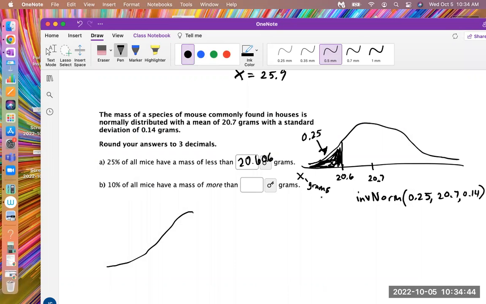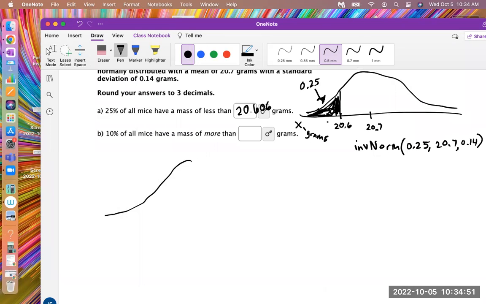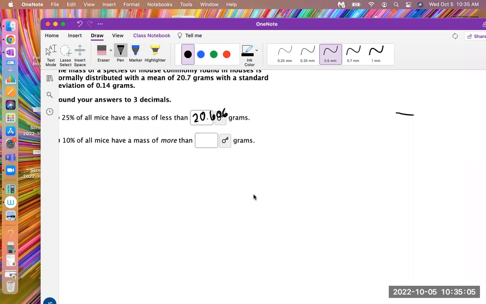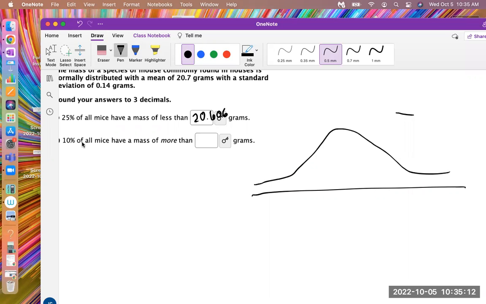All right, the second one. I'm going to draw a picture for the second one as well. This one says that 10% of all mice have a mass more than how much?